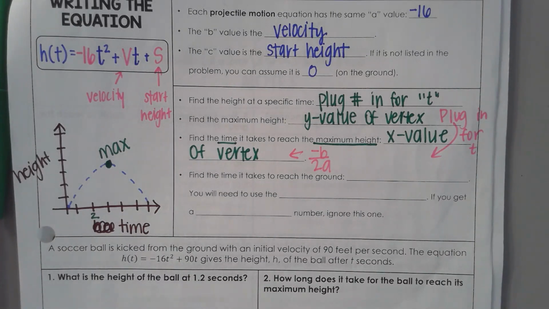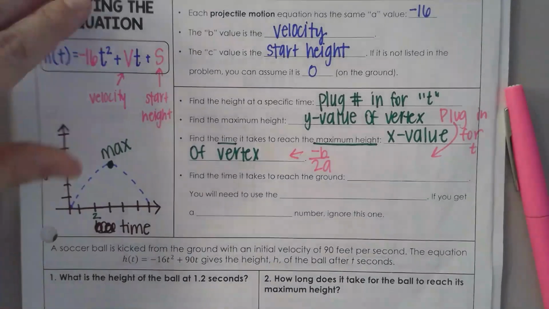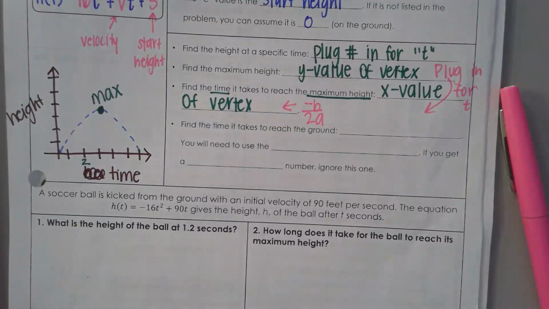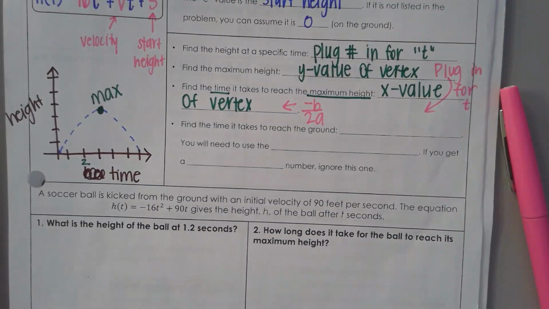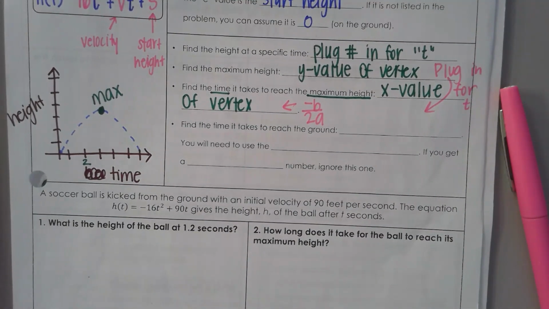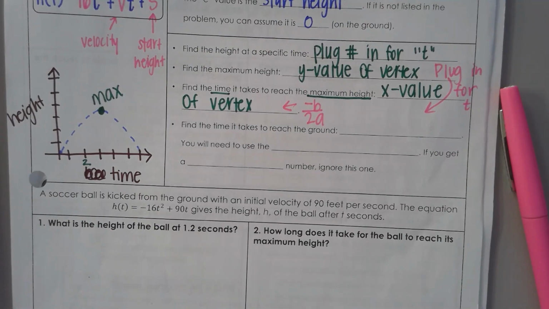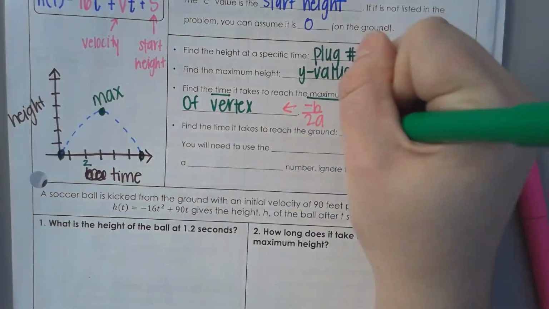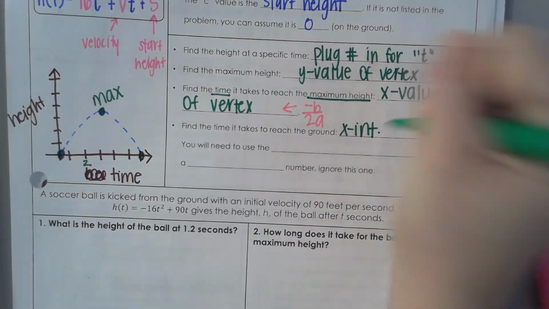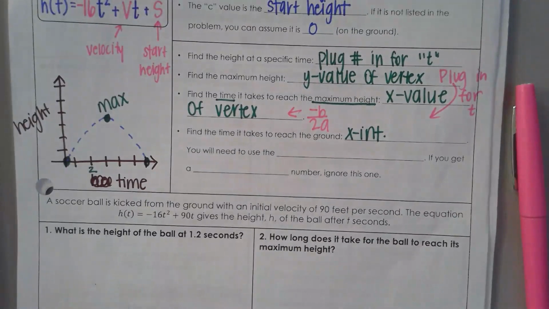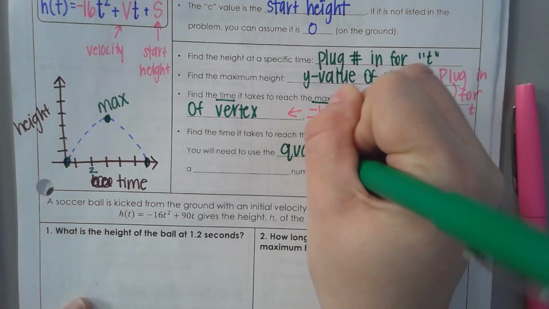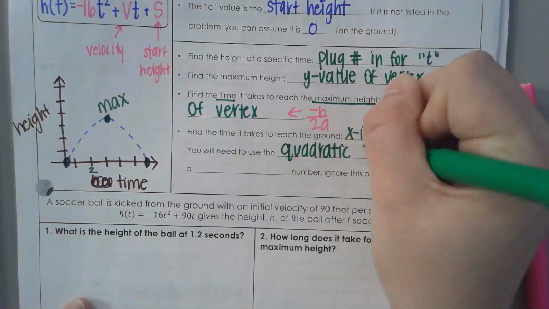And then the last one, the most complicated, kind of, it's not anything we've not done. Find the time it takes to reach the ground. What is the height at the ground? 0. Those are your x-intercepts. And so it's going to be easiest just to always use the quadratic formula.